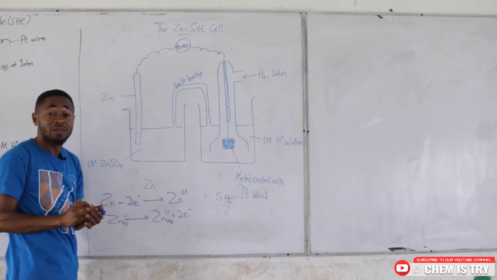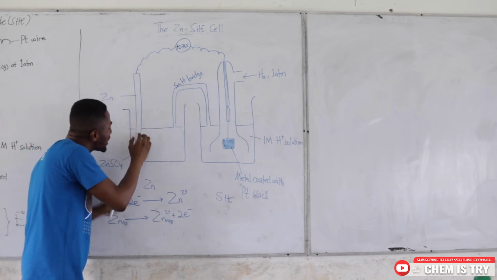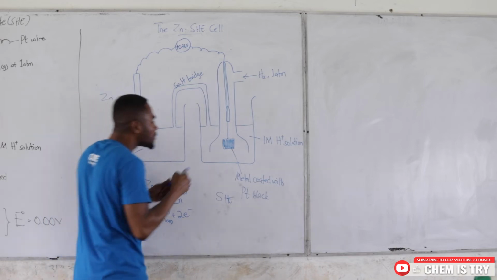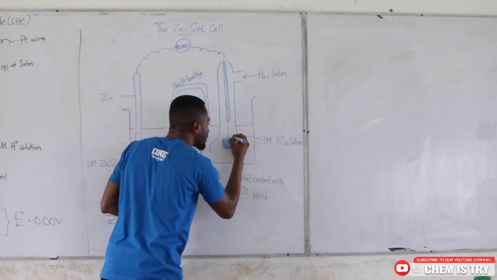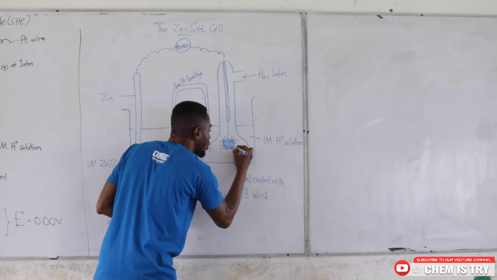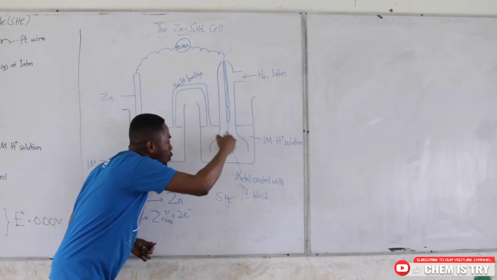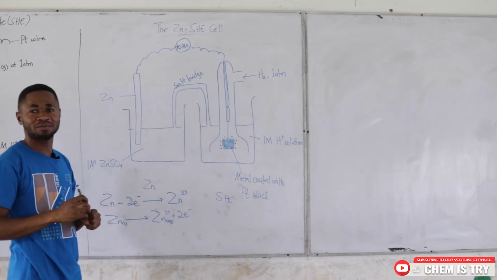So what we will be observing is that the zinc metal will begin to shrink in size. Then at this side, we will observe more bubbles of hydrogen gas produced around the metal coated with platinum black.